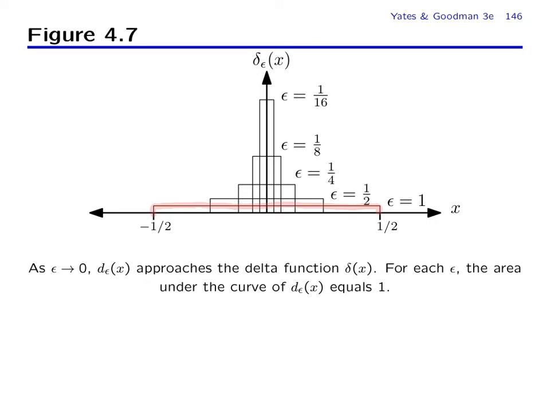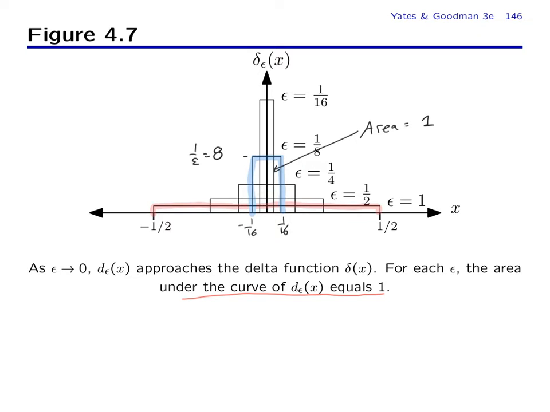On the other hand, when epsilon is 1/8, this blue box goes from minus 1/16 to 1/16, and the height of the box is 1 over epsilon, equal to 8. So the width of the box is 1/8, and the height is equal to 8. And again, the area is equal to 1. So in fact, for all epsilon, the area under the curve of this function is always equal to 1.